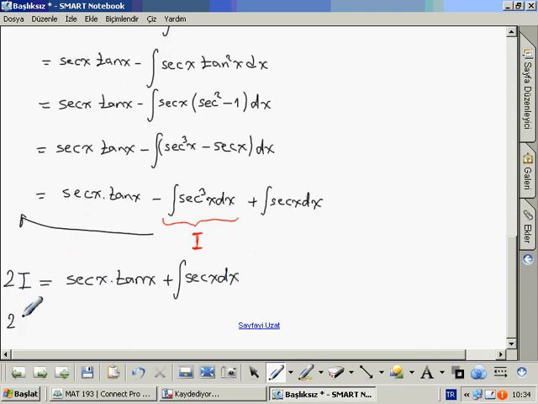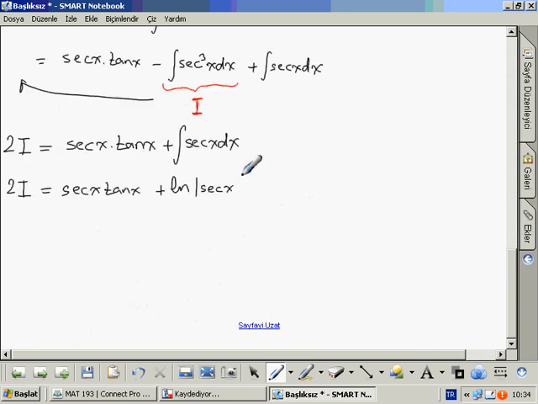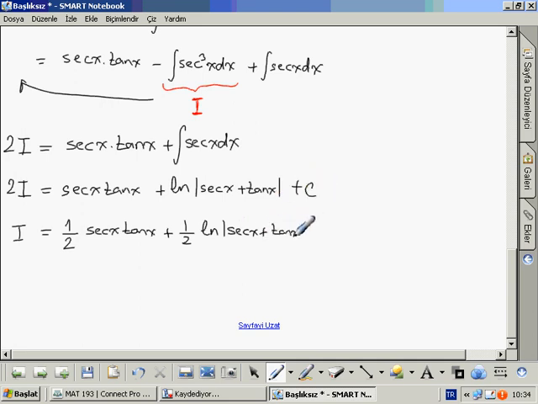So 2I equals secant x tangent x plus ln absolute secant x plus tangent x, and I equals 1 over 2 secant x tangent x plus 1 over 2 times ln absolute secant x plus tangent x, plus c. Okay, and this is the total integral.